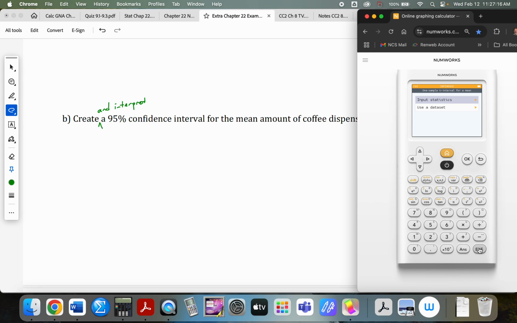We're doing a t interval. We're using a data set. The data is already in there. They wanted a 95% confidence interval, which matches our alpha value of 0.05.